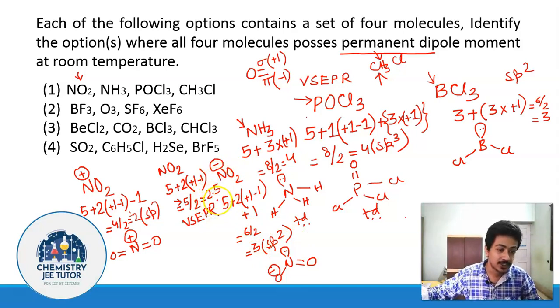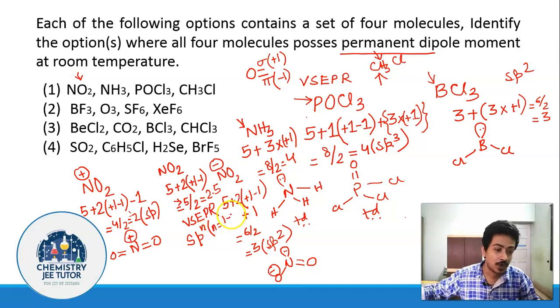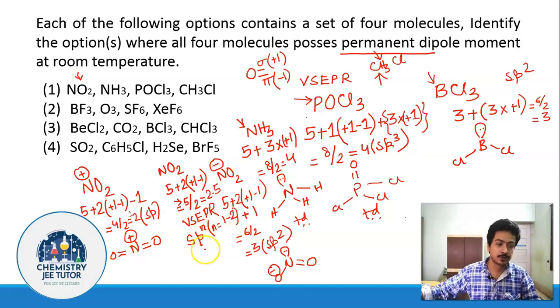So what is the logical reasoning? The logical reasoning is that it is going to have a hybridization which is something in between sp and sp2. We write it as spn, where n is between 1 and 2. So that is how we represent it.